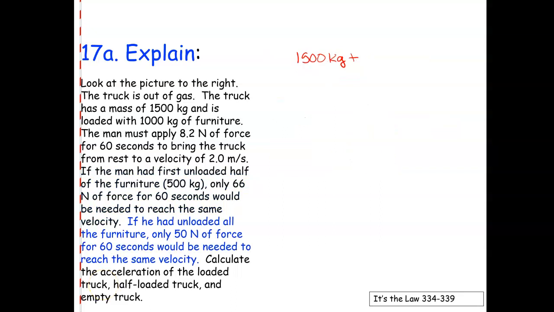Okay, now the last scenario, he totally empties out the truck, so we don't have to add anything here because he doesn't have any furniture. And so the mass equals 1,500. The force equals, what does it say here? 50 newtons. We write our equation we're going to use. We manipulate our equation.